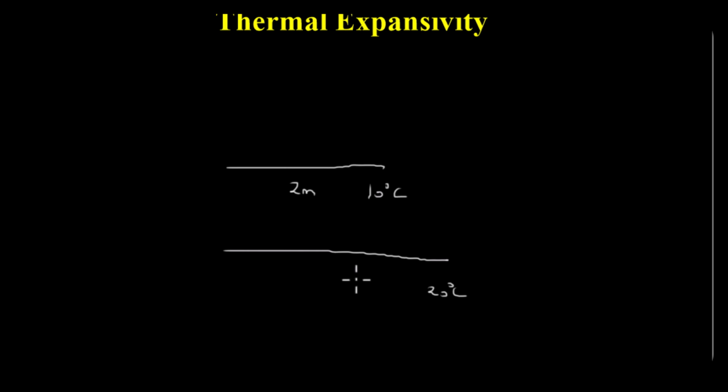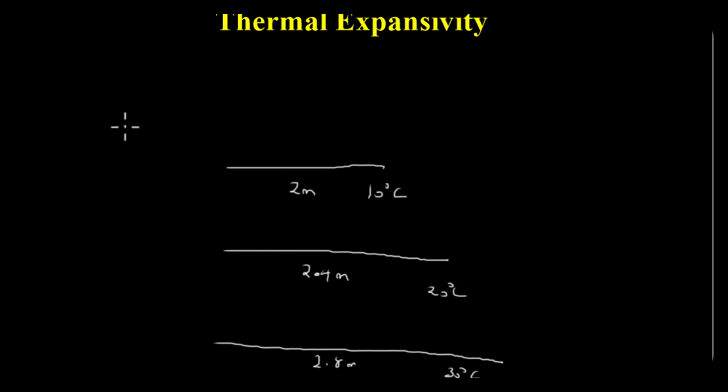Let's say my change in length will be 0.4, so my new length should be 2.4 meters. Now, if I increase the temperature by another 10 degrees Celsius, say my new temperature is 30 degrees Celsius, then I can predict this length. It will be approximately 2.8 meters. The change is uniform.